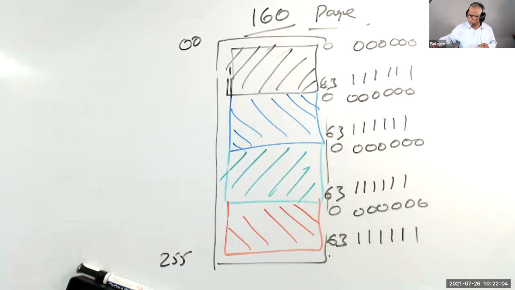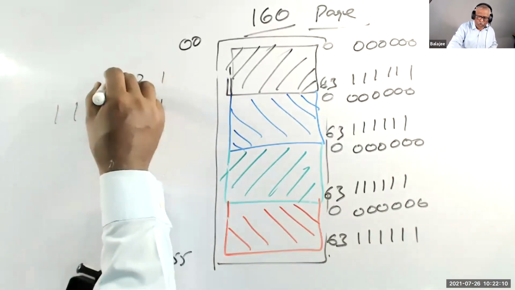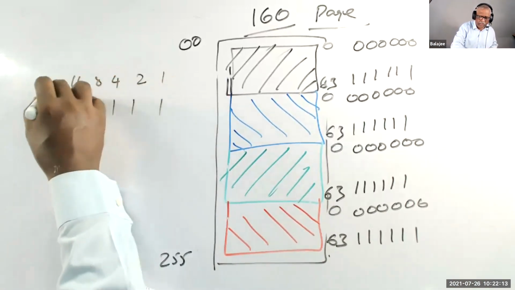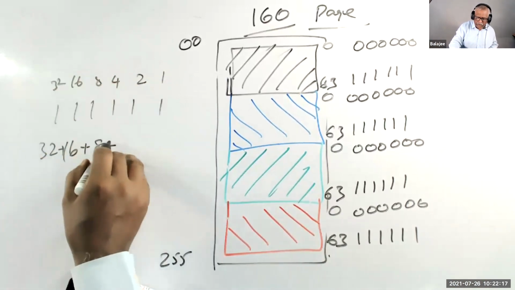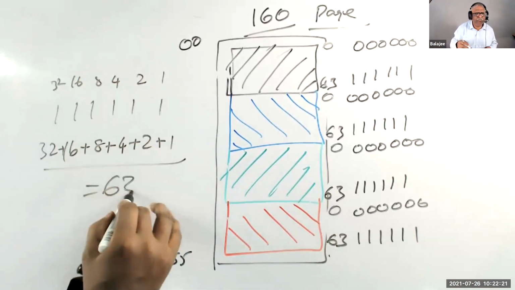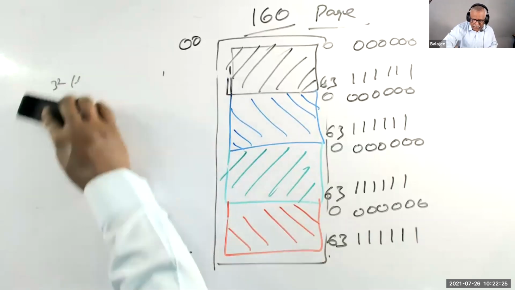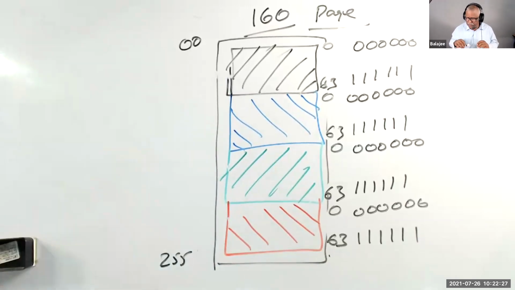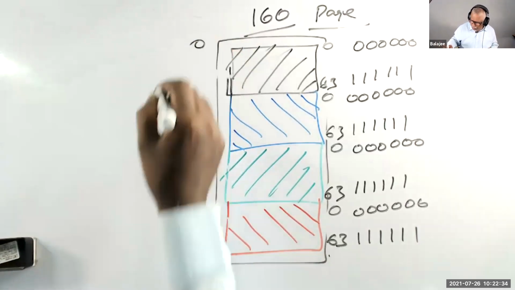If I write 1, 1, 1, 1, 1, 1, that means 1, 2, 4, 8, 16, 32. So 32 plus 16 plus 8 plus 4 plus 2 plus 1 is equal to 63. So try to master binary up to 8 bits, not more than that. This is actually starting from 0 to 255.